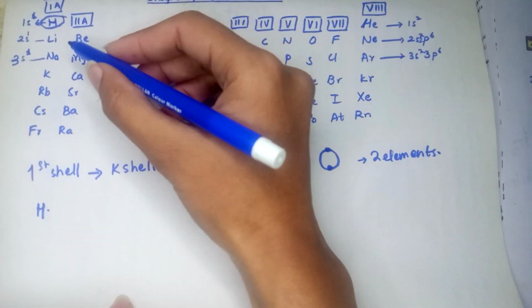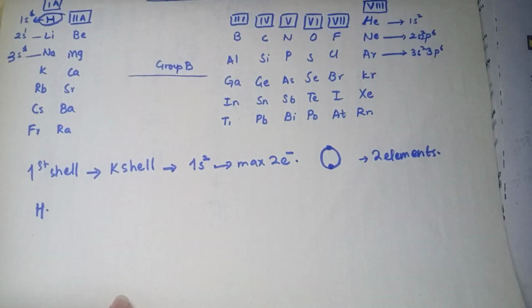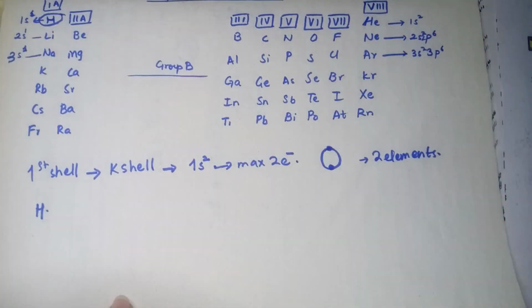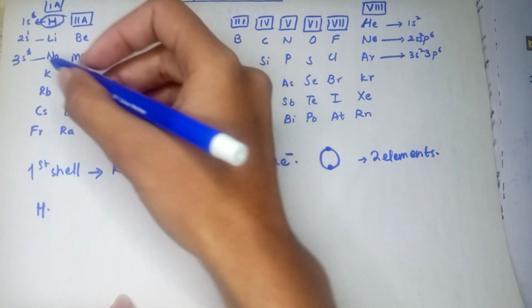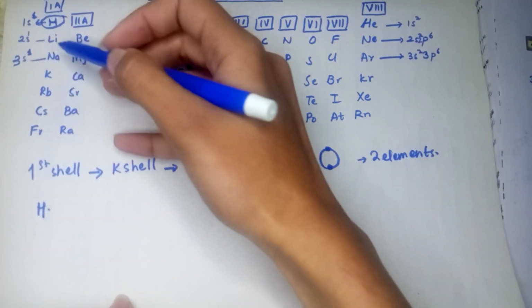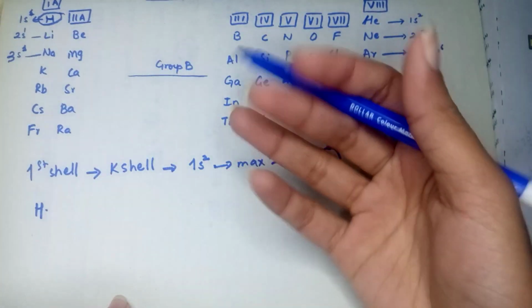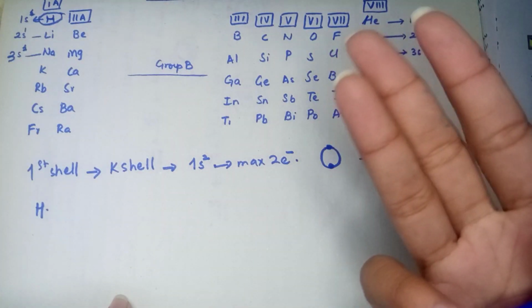Lithium is present in the second period, so lithium has two shells. As the period number increases, the element has an increasing number of shells. Like you can see here, sodium is present in the third period, so it would have a total of three shells.